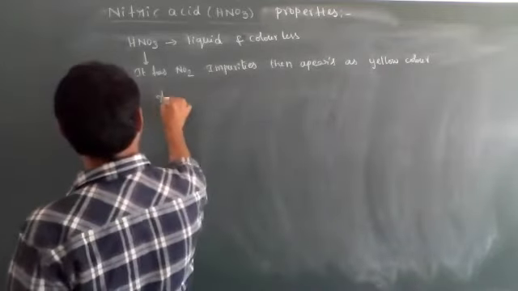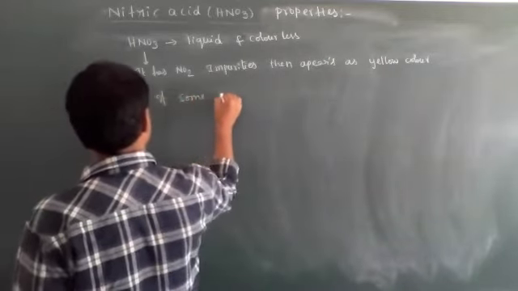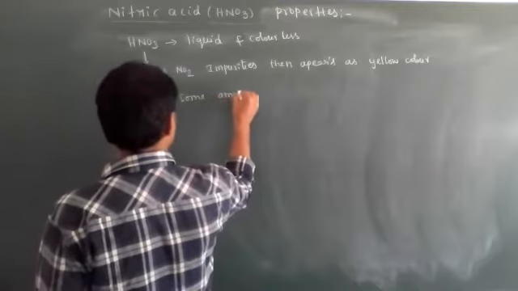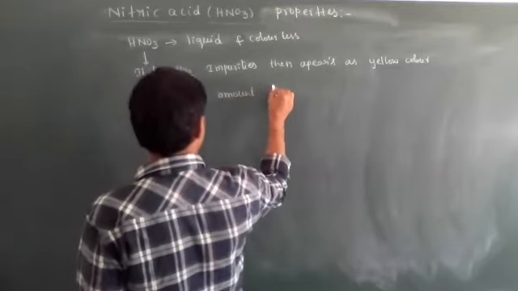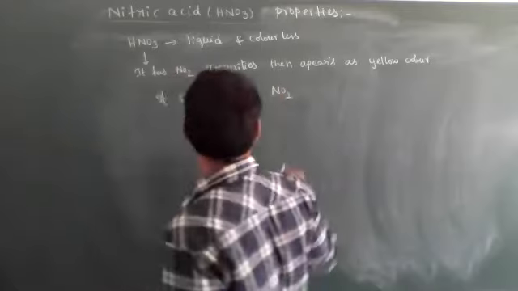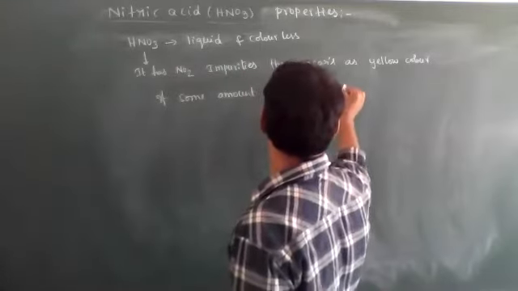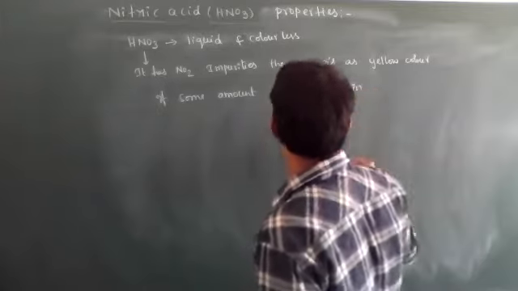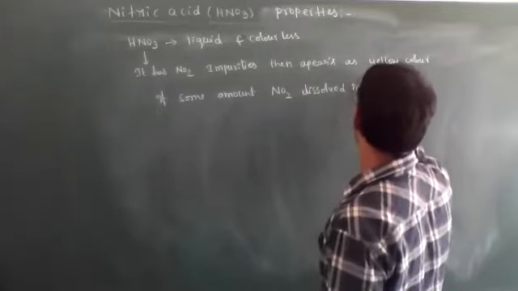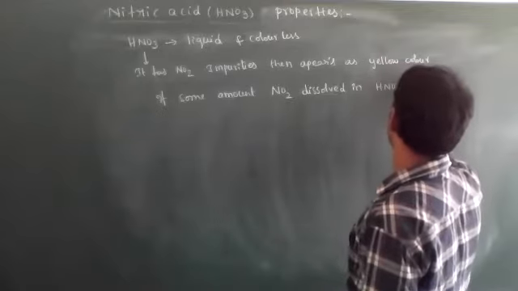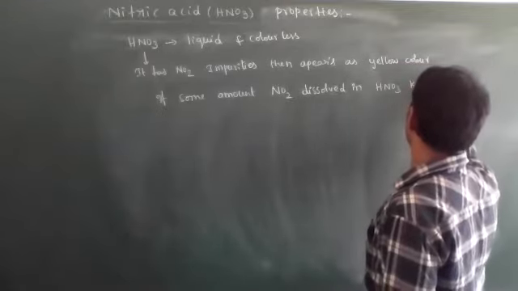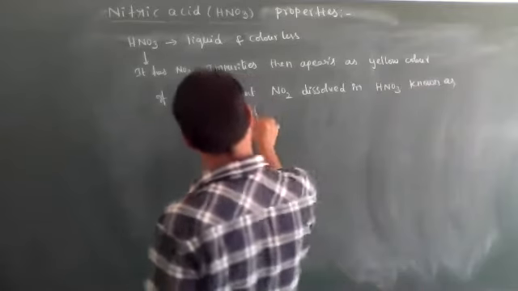If some amount of NO2 is dissolved in HNO3, it is known as fuming HNO3.